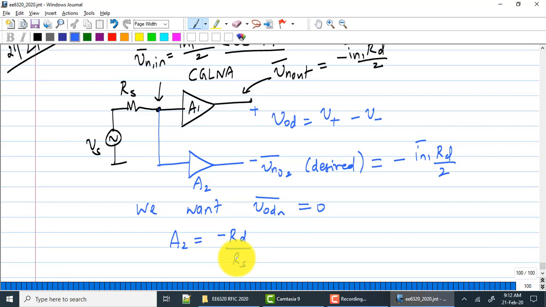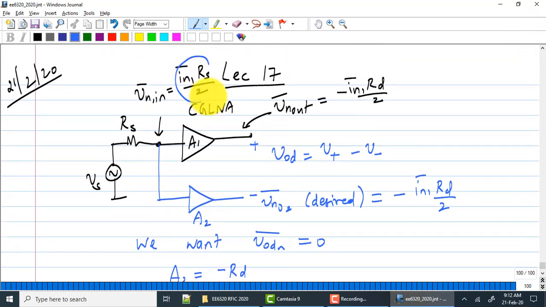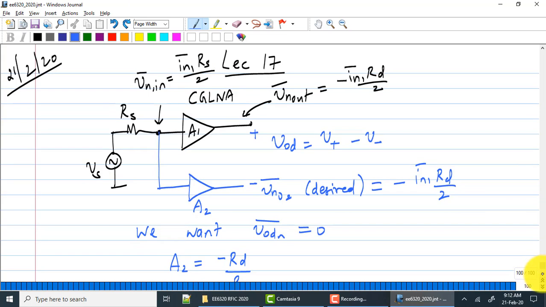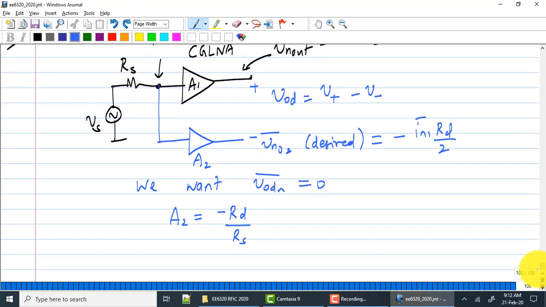If A2 is minus RD by RS, then plus In1 RS by 2 times minus RD by RS will basically give you minus In1 RD by 2. Okay. So we want a broadband low noise amplifier that gives you again minus RD by RS.